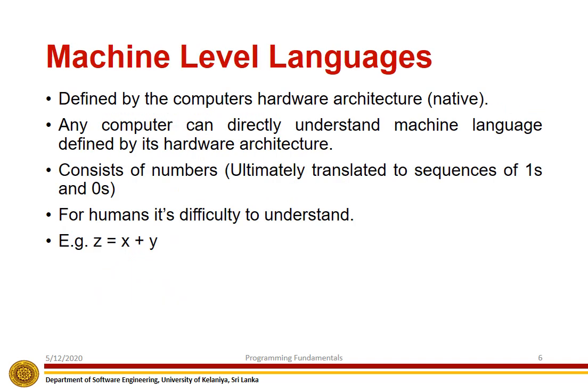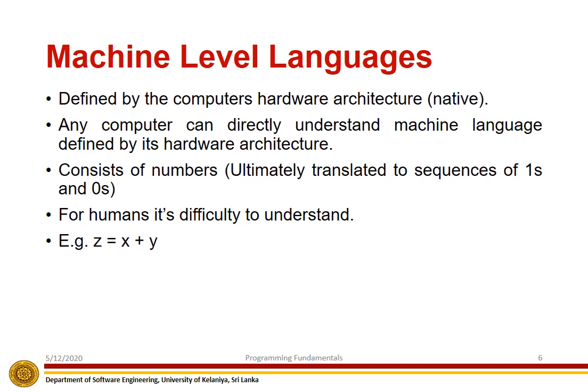First we will see what machine level languages are, which we can also call binary languages. Machine level languages are computer familiar. Any computer can directly understand the machine language defined by its own hardware architecture. It consists of a sequence of numbers with zeros and ones, only two values, zeros or ones.